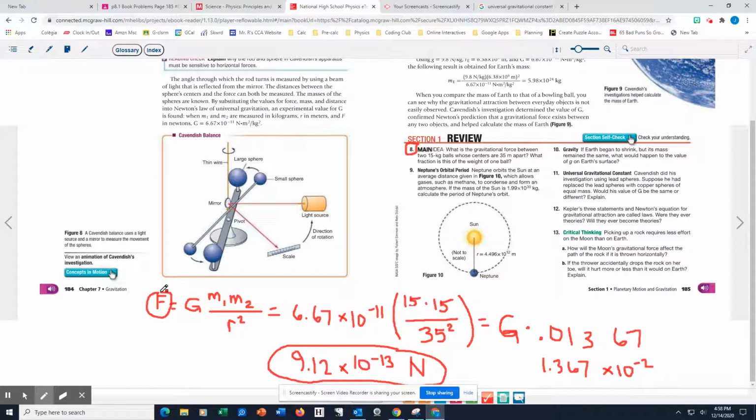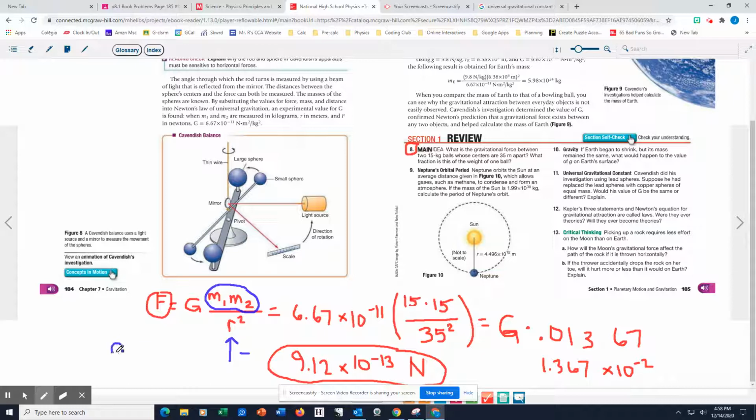So if Earth began to shrink, but its mass remained the same, what we're talking about happening there is the bottom of the fraction going down, while the top of the fraction holds steady. So what's going to happen? Well, if the bottom of the fraction gets smaller, then the whole thing gets bigger, right?